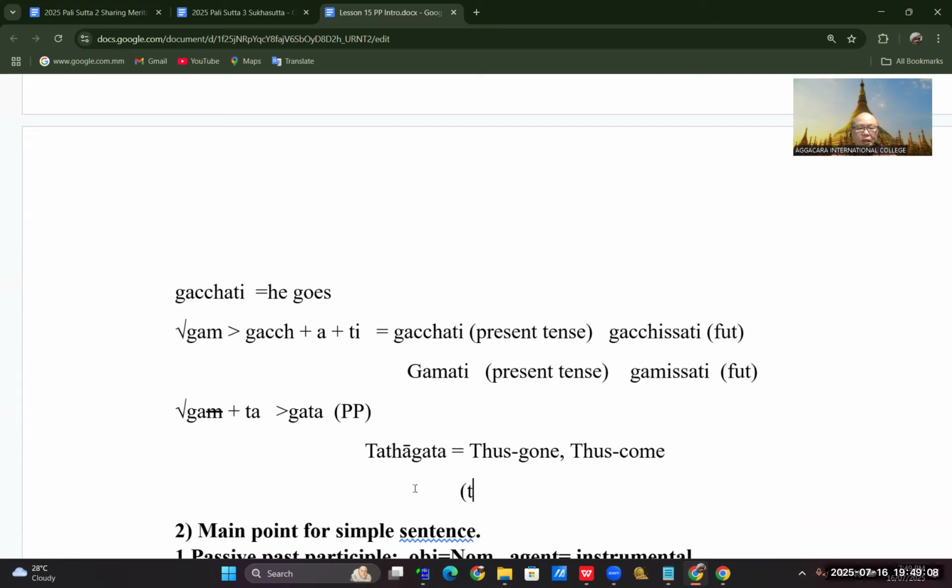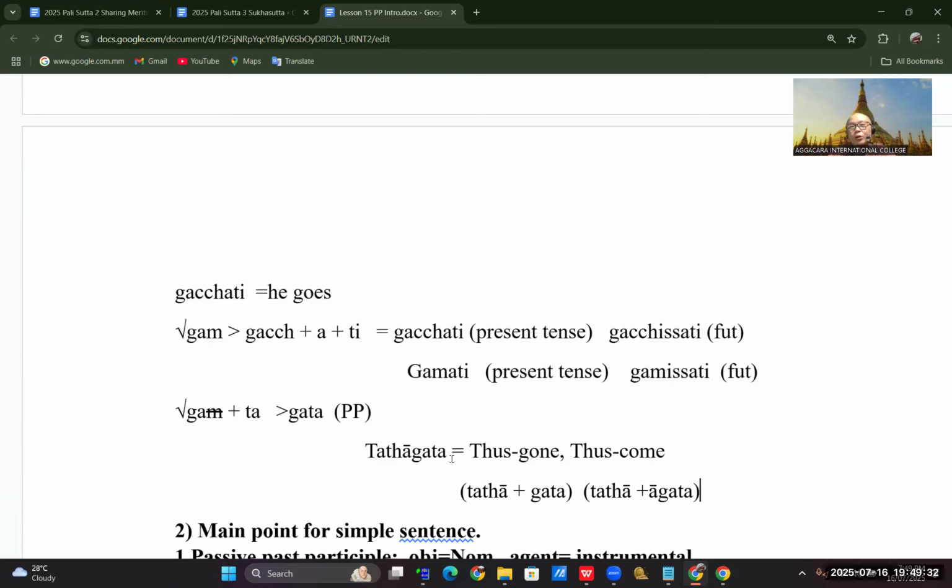This is tatha plus gata, or tatha plus agata. Okay, so gata is gone. A, the prefix a, means negative, means come. So thus gone, thus come. So tathagata means the Buddha.